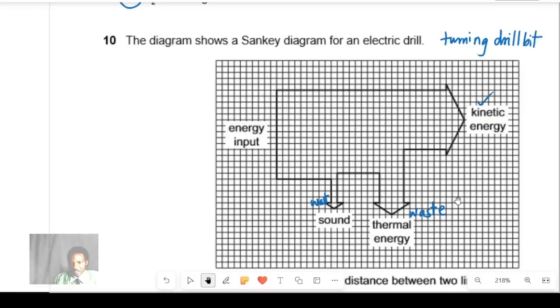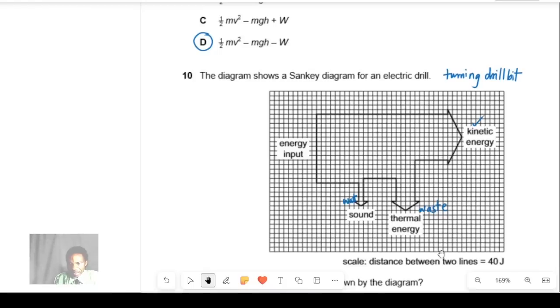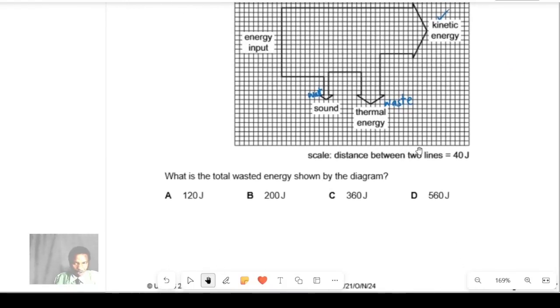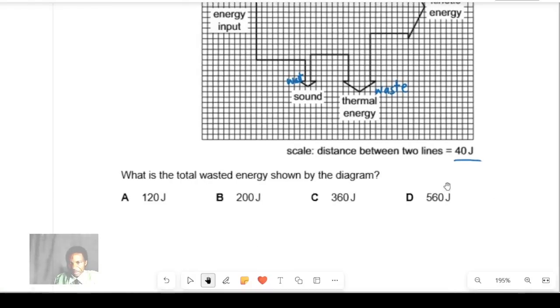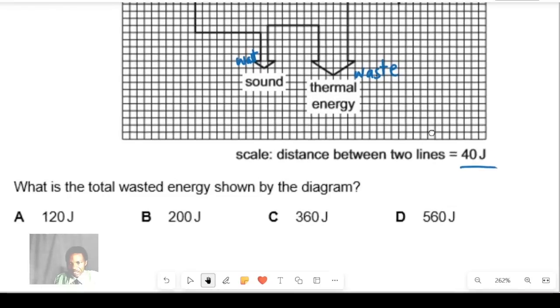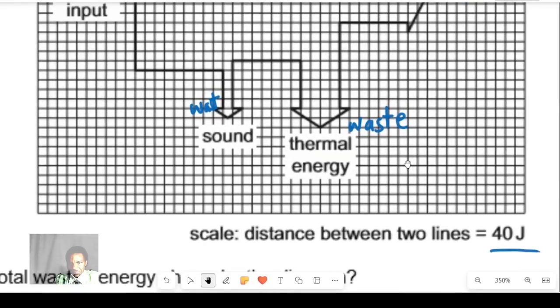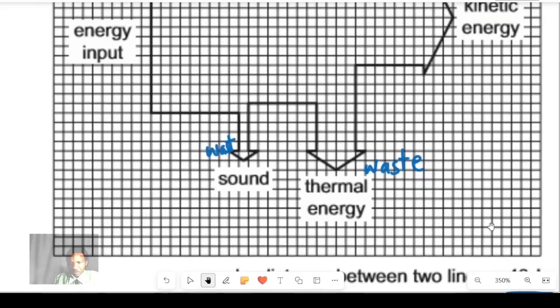We are given that the energy per each slash is 40 joule. So what is the wasted energy shown in the diagram? Let's take a closer look at this diagram here. The sound is 40 joule.